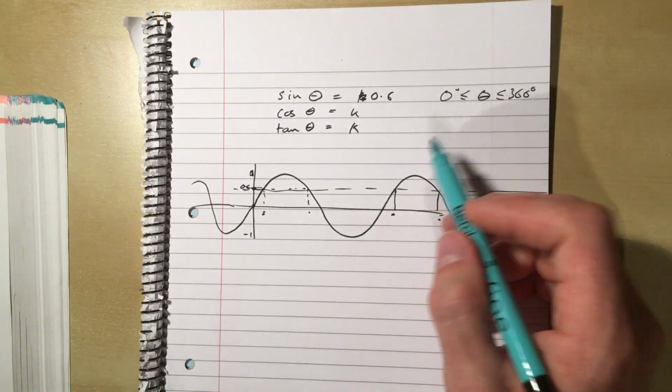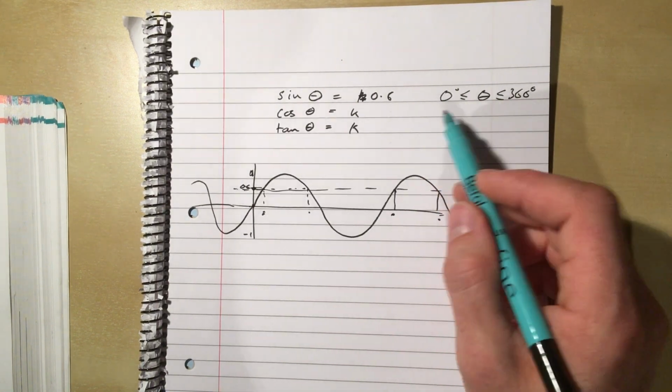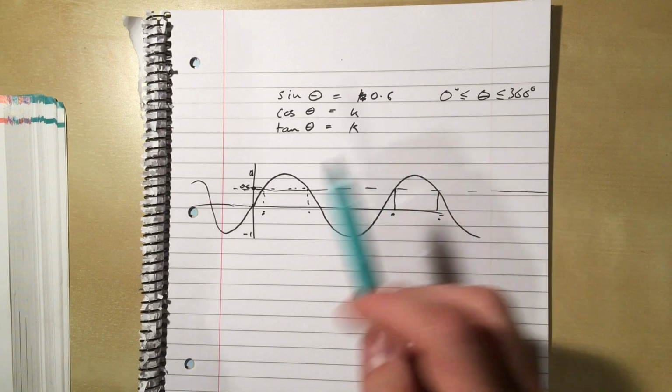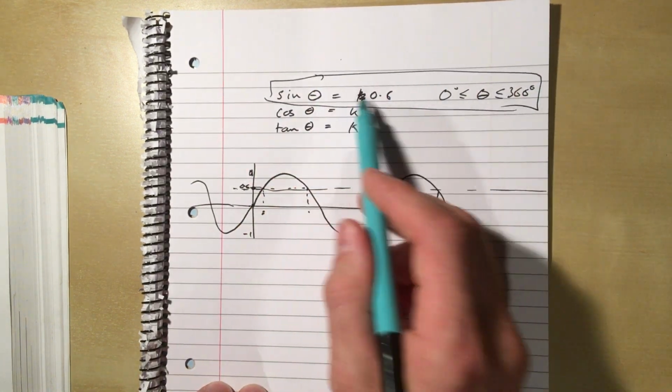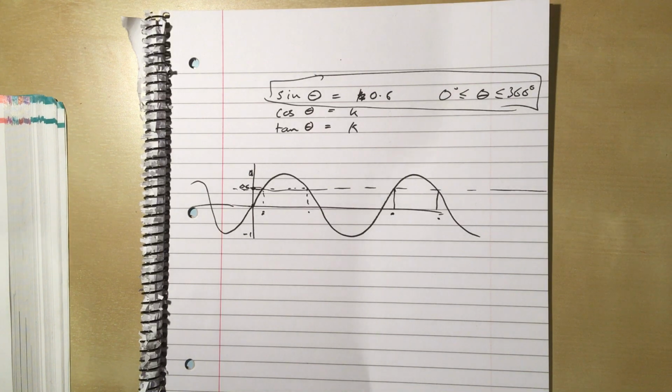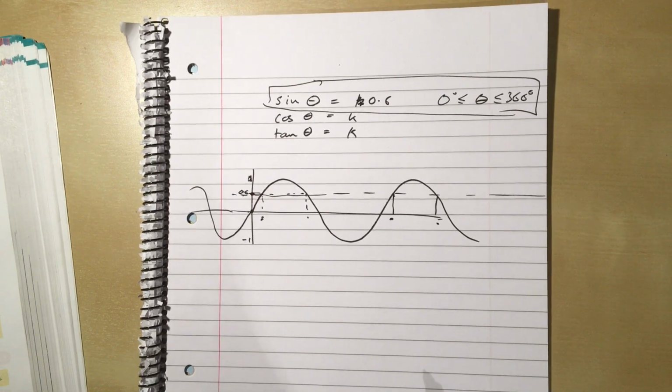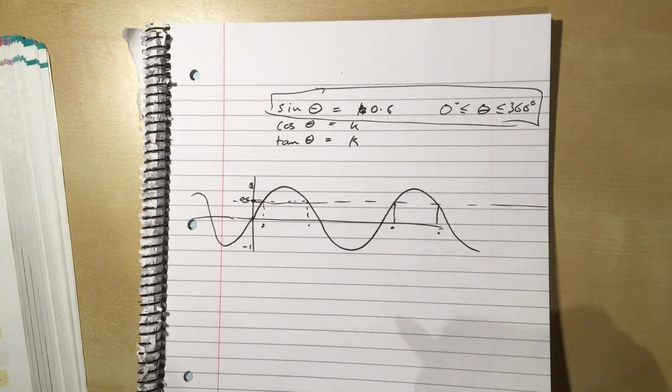Sometimes it goes from minus 180 to 180, and sometimes the interval is different even to those. But that is the typical trig equation question. If you can solve that, then you can use it to solve any trig equation we're going to do. If you can't solve that, you can't solve any of the more difficult trig equations. So this is the important bit.